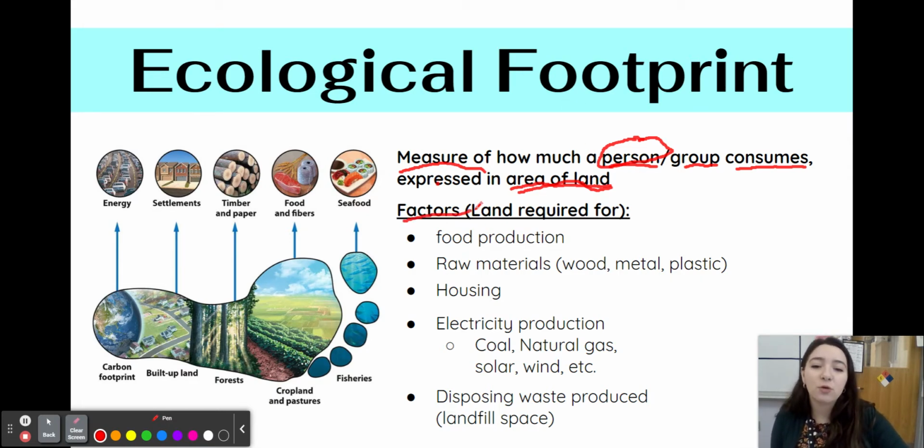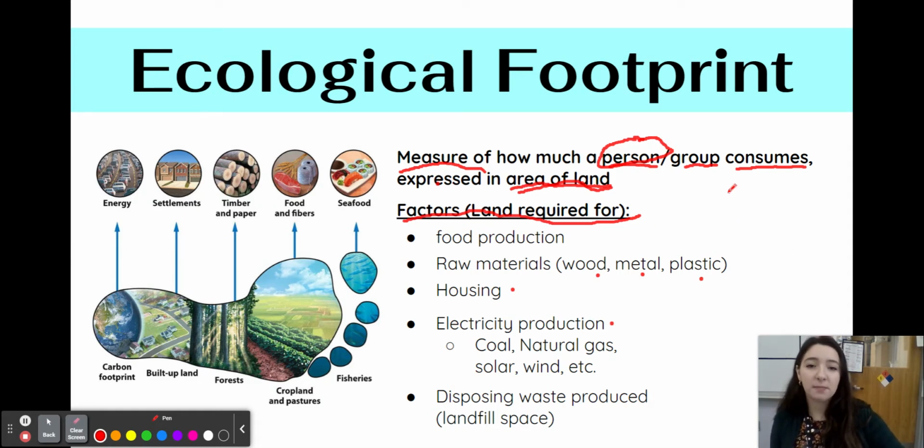Okay, so factors: land is required for food production, like crops and cattle, which would be cows, chickens, any sort of livestock. Raw materials such as wood, metal, and plastic. Housing. Electricity is a big one. How much are you using in terms of electricity on any given day?